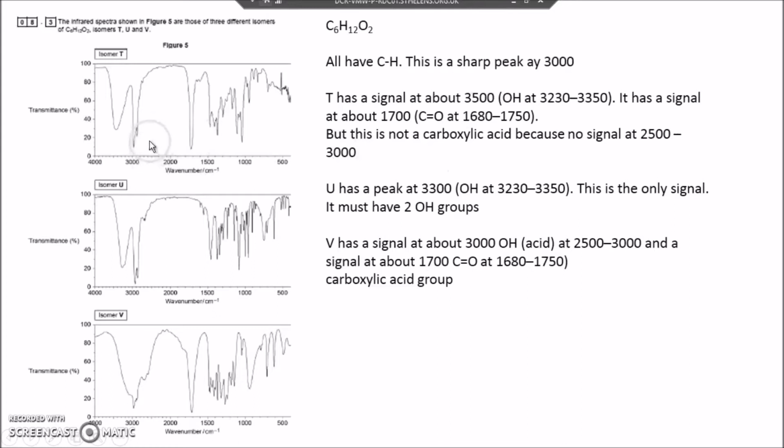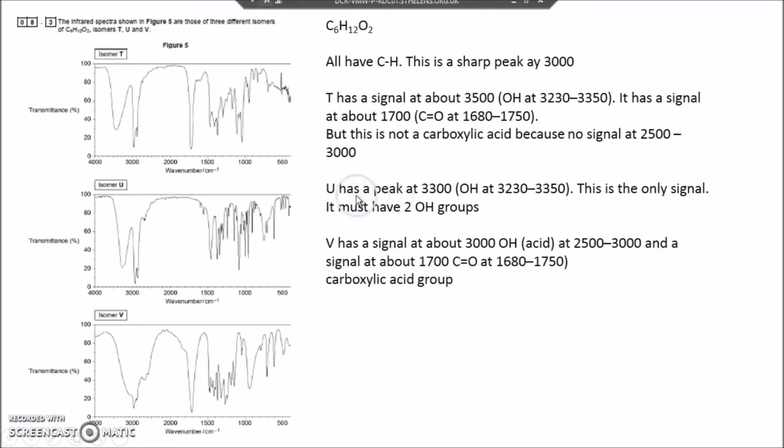It's got nothing in this region, so it's not a carboxylic acid. It's got an OH and a CO. Remember, we're looking to try and identify the 2 O's. So in T, there's an OH and a CO. That then covers both O's.